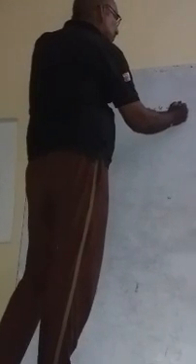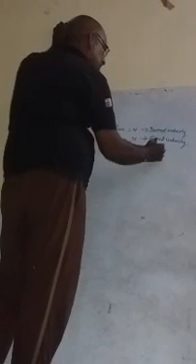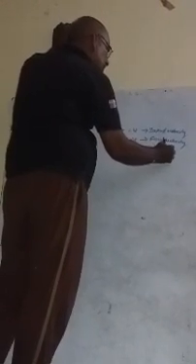u is initial velocity, v is your final velocity, a is acceleration, t is time taken, s is distance covered.